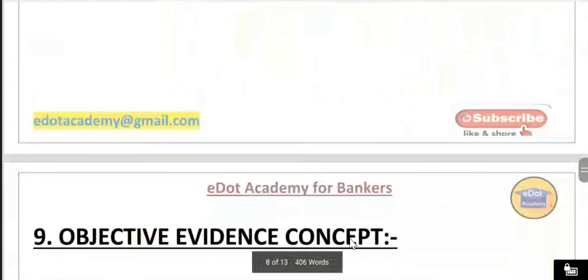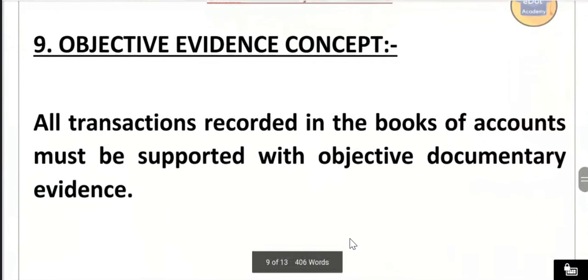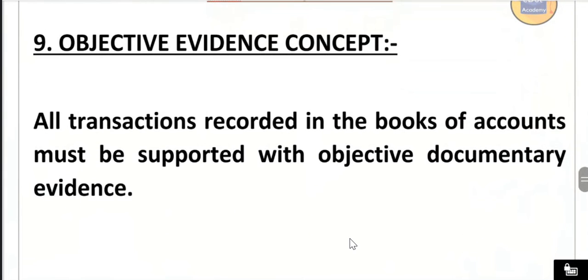Next, objective evidence concept. What is the meaning of this objective evidence concept? It means whatever entry we are recording must have some evidence. Suppose you have purchased something and you are making the entry in the books of account of your company, that must be supported with some document.